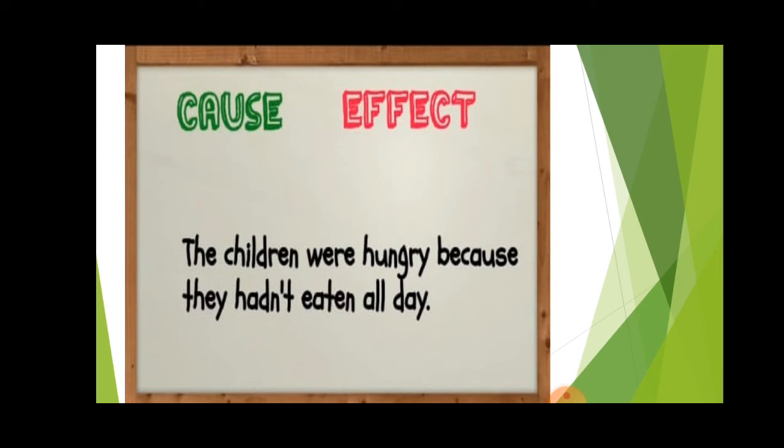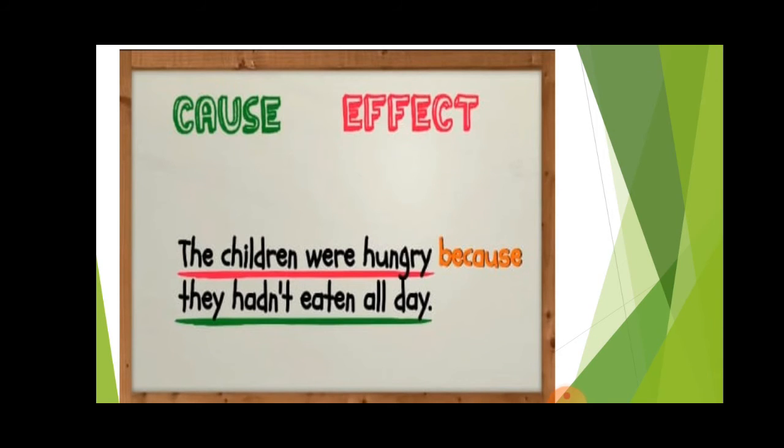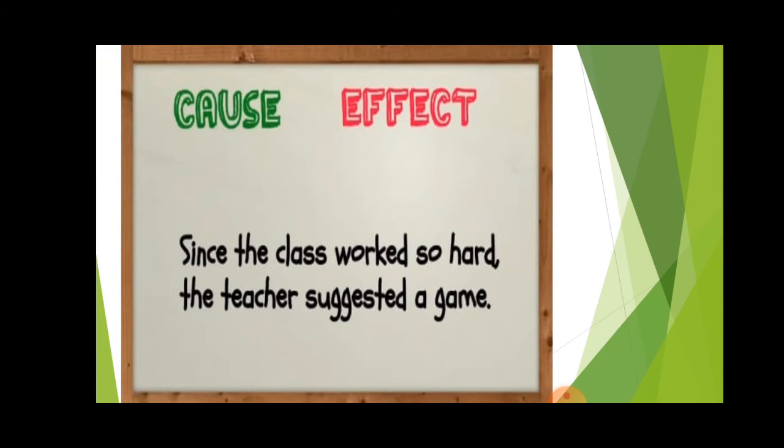The effect is the children were hungry because it happens after the cause and tells us what happened. The third example is, since the class worked so hard, the teacher suggested a game.